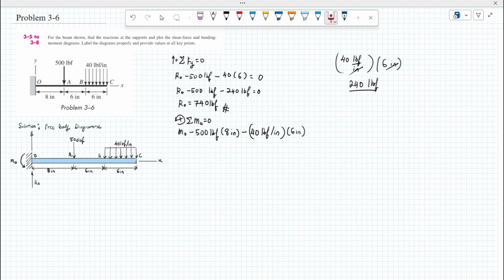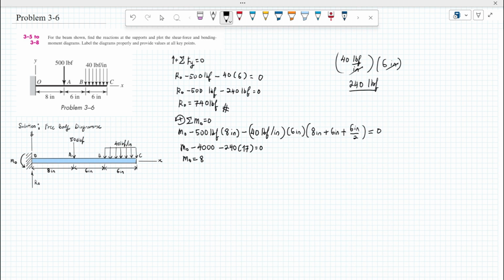And then for the distance, in this case, we need to pick the midpoint from B to C. So the midpoint is around here, so it is 3 inches from point B. So we're gonna put the distance of the distributed force from point B to point C with regards to point O. So we're gonna put 8 inches plus 6 inches plus 6 inch divided by 2 because this is the midpoint. So once we have gathered all of this information, we can solve for MO.